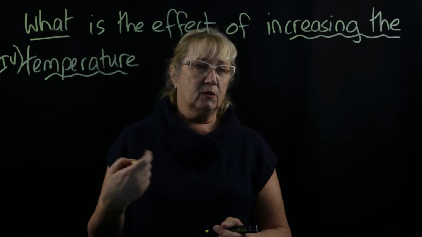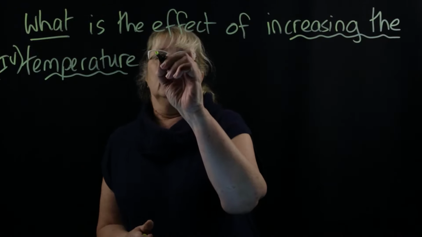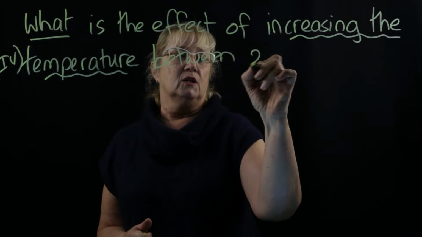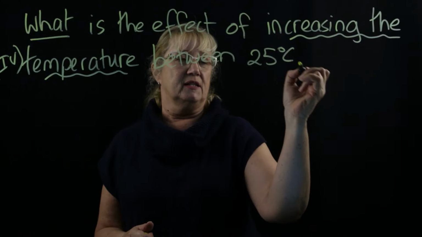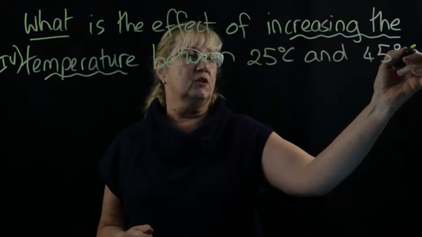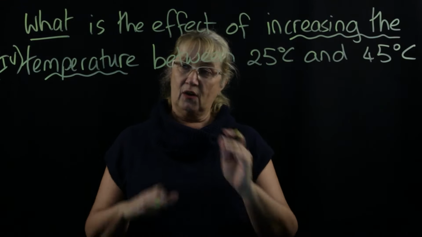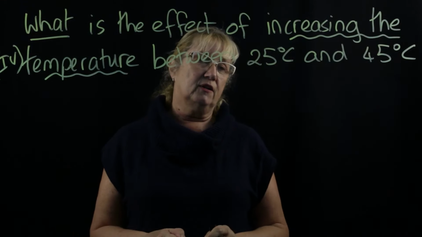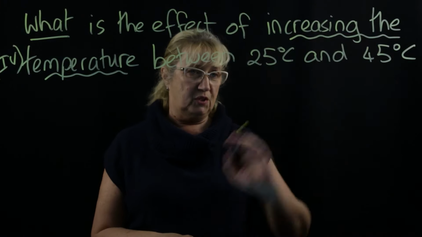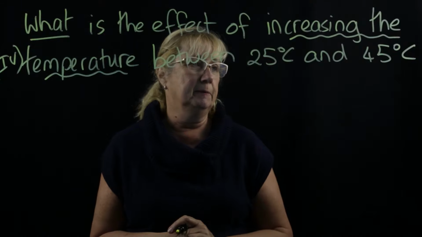And I'm going to say increasing the temperature between 25 degrees centigrade and 45 degrees centigrade. So I've made my independent variable specific. I know exactly what temperature range I'm going to be testing.